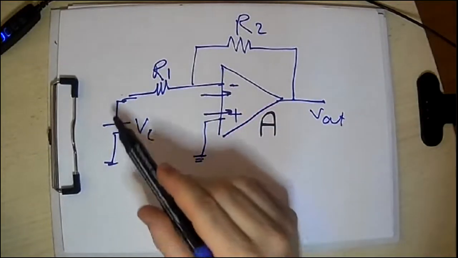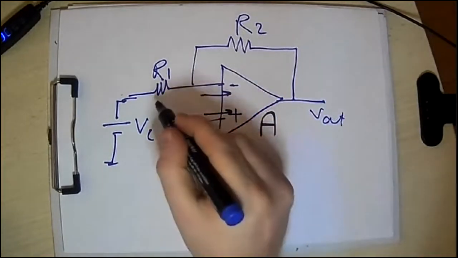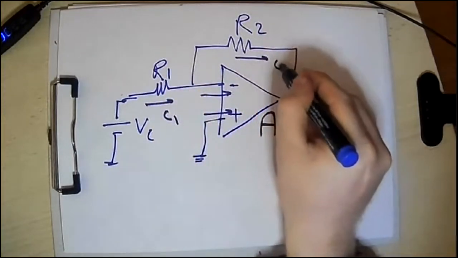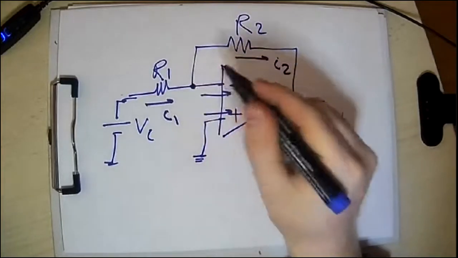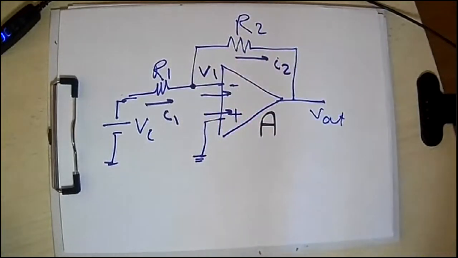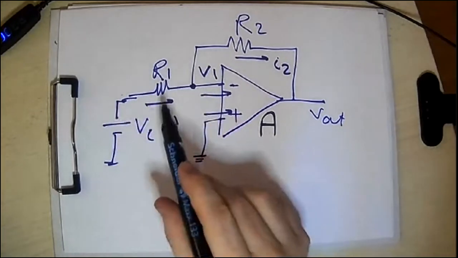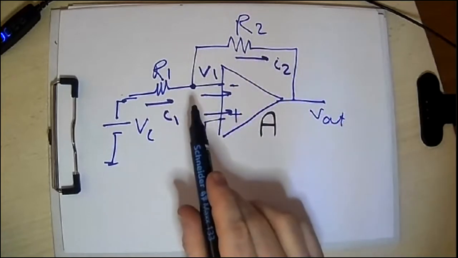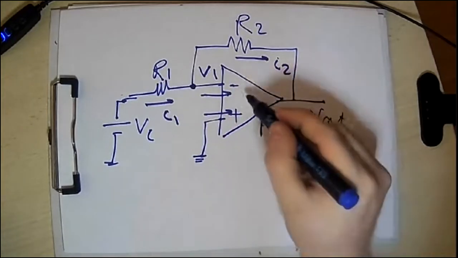So the current here and the current here are continuous. Let's call this I1 and let's call this I2. So I1 and I2 are equal. And let's call this point V1, for example. So the current in the resistance R1 is equal to the current in the resistance R2, as far as the current entering the operational amplifier is equal to 0.